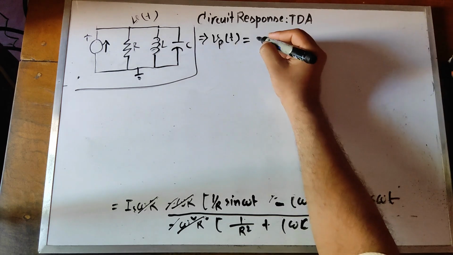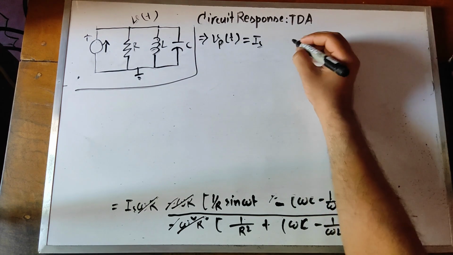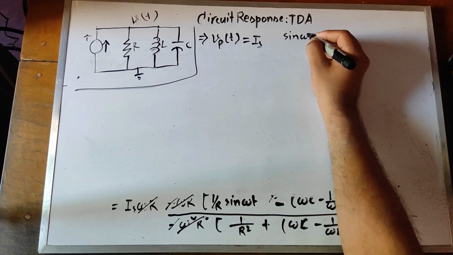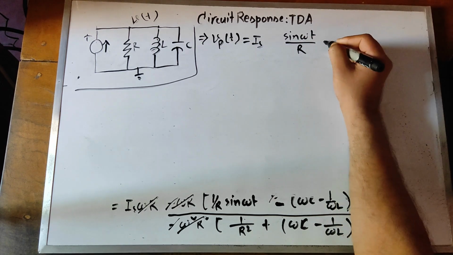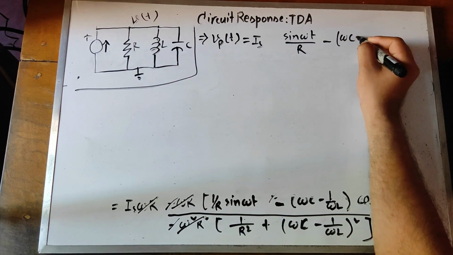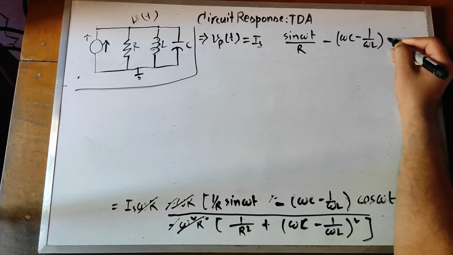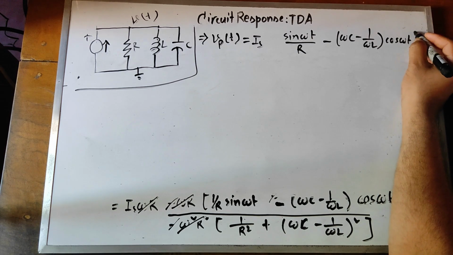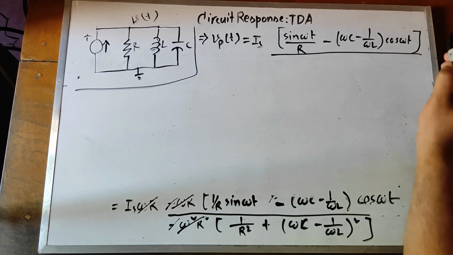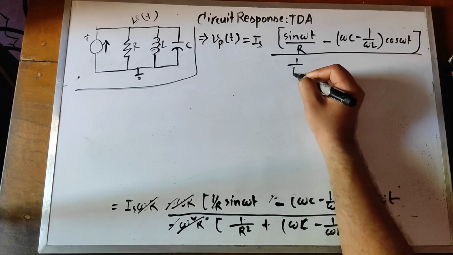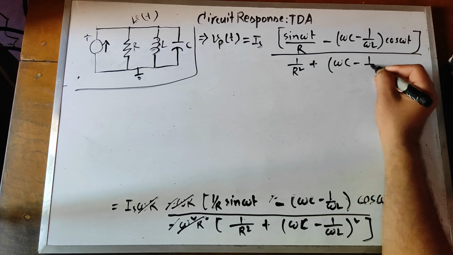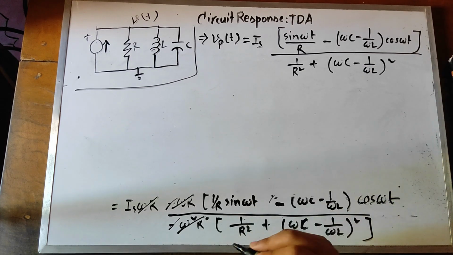So what I am left with is Im and sine omega t by R minus omega C minus 1 by omega L cos omega t by 1 by R square plus omega C minus 1 by omega L whole squared.